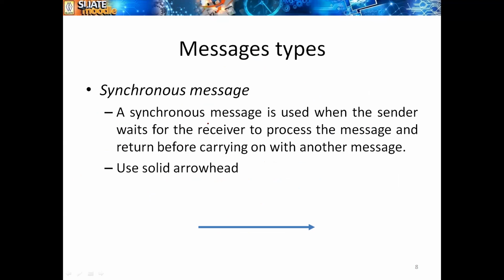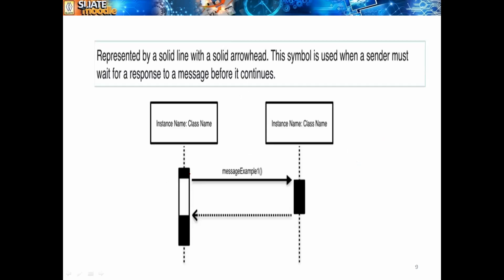Synchronized message. A synchronized message is used when the sender waits for the receiver. The sender waits for the receiver to process the message and return before carrying on with another message. It is represented by a solid line with a solid arrow.